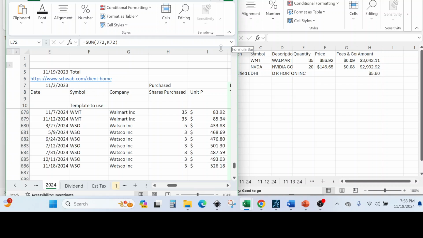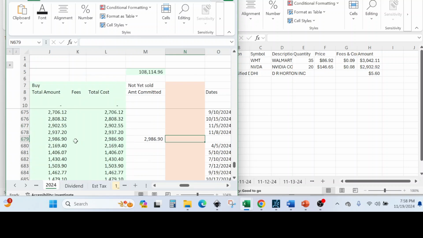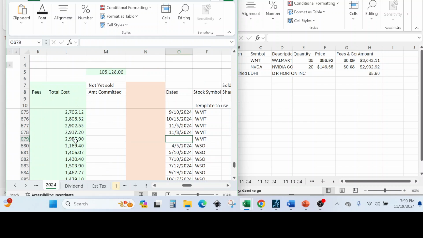I like to start from there, even if that's a stock that I sold, so that I can take a look at when it was purchased and just follow that row. It was purchased on the 12th. I'll take the amount committed until it's sold. I like to write down the amount we purchased it at.